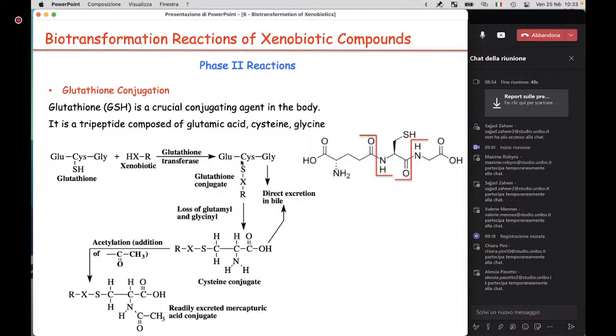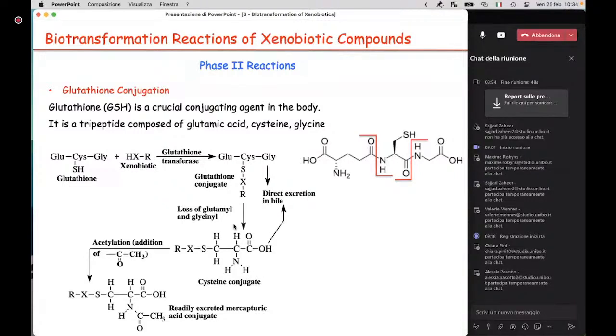Both the glutathione and the cysteine conjugates are directly excreted, often in bile. You may remember that this is a secondary elimination pathway, but it can become quite important in the case of glutathione.